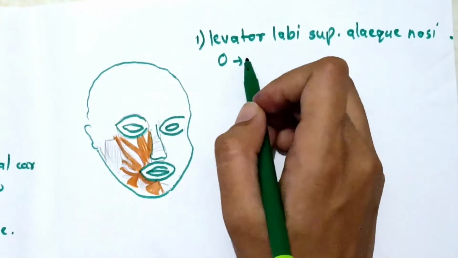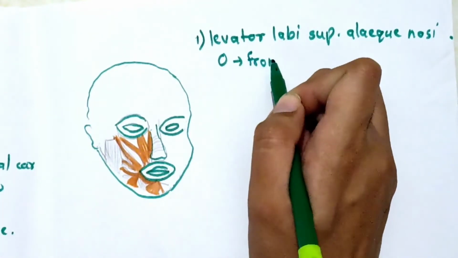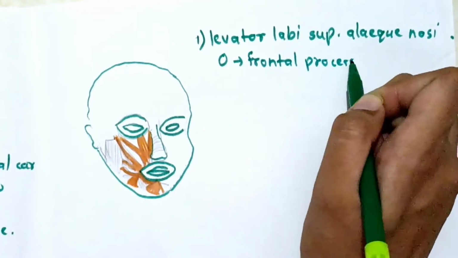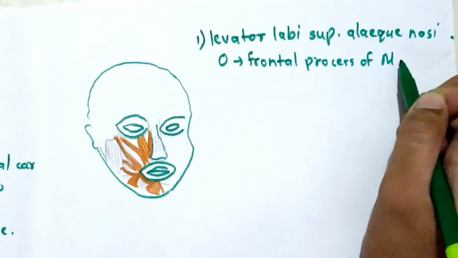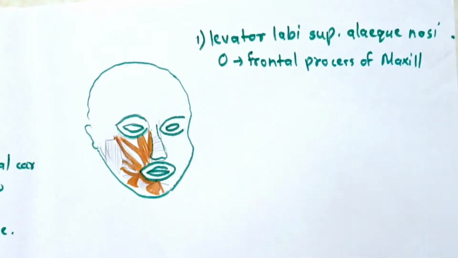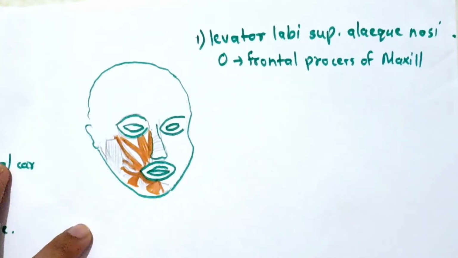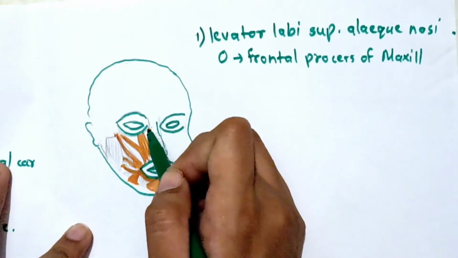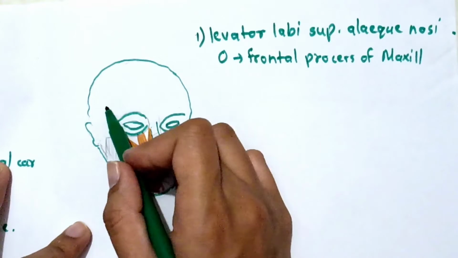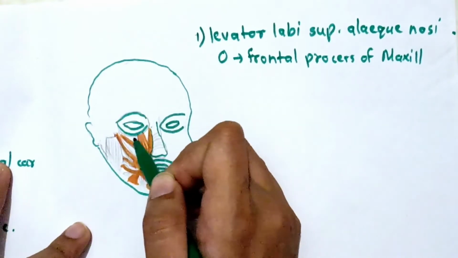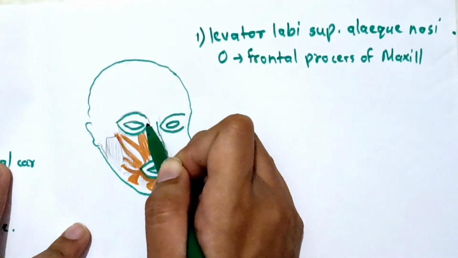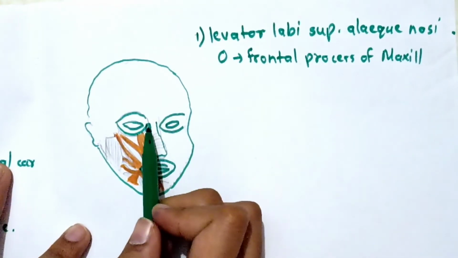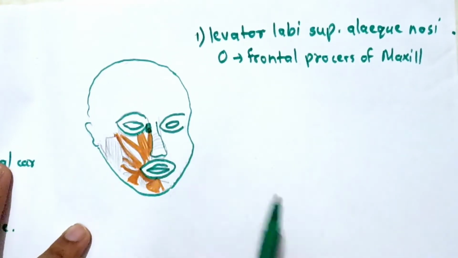Its origin is the frontal process of maxilla. What is the frontal process of maxilla? The part of maxilla which is going towards the frontal bone. So this one is the frontal bone. This is the maxilla. So in this region we have the frontal process, and you can see this muscle is originating from this part. Okay.